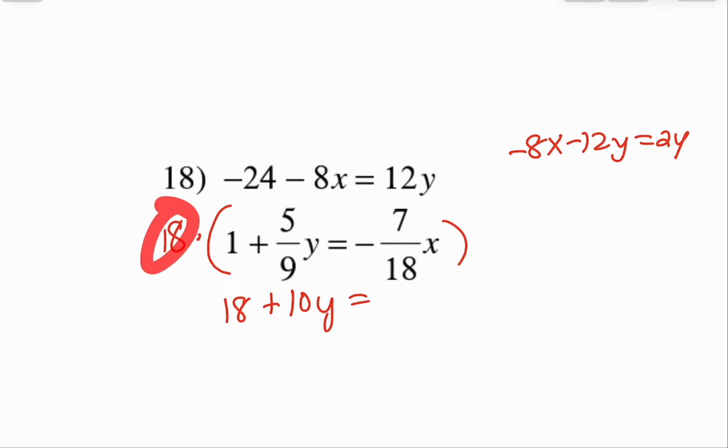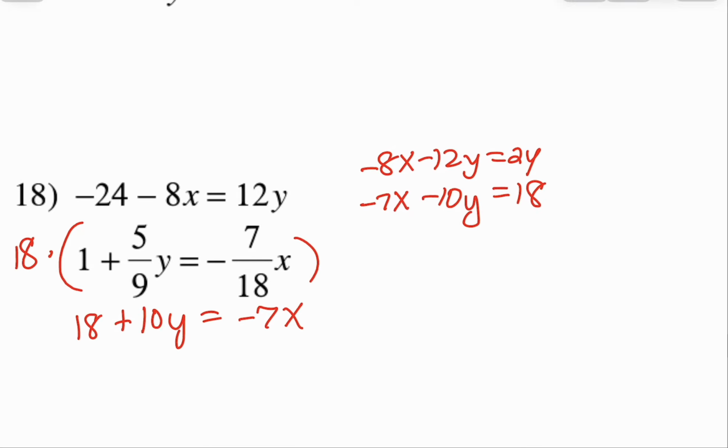Here, the 18s are going to cancel out, just leaving me with negative 7x. And then I'm going to put the x's first, then the y's equals the numbers. Okay, now my system looks much, much better.